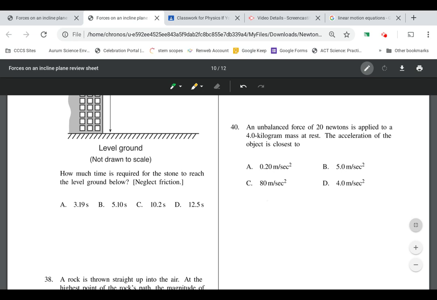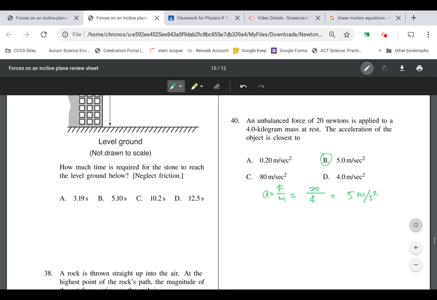So a equals F over m, 20 divided by 40, oh my bad, 20 divided by 4 is 5 meters per second squared, which is B.